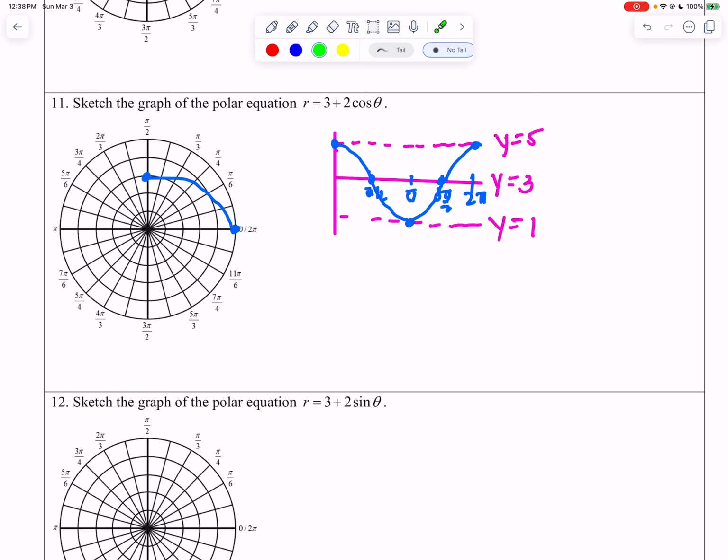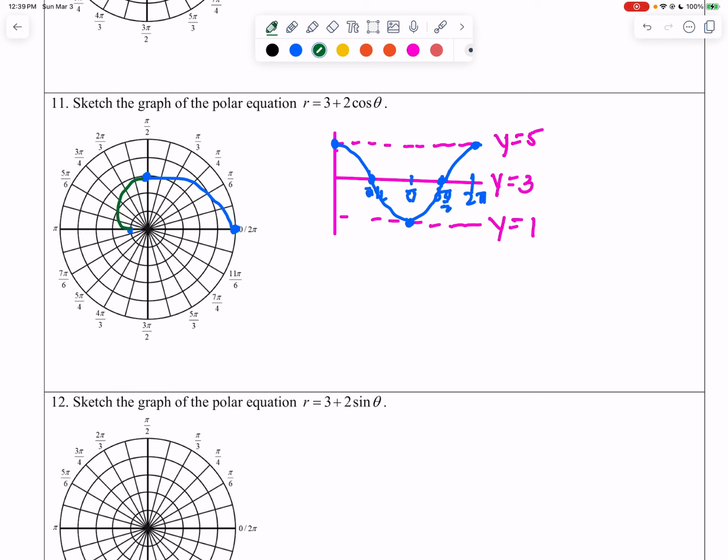Okay, then from pi over 2 to pi, at pi I'm at 1. We are still decreasing. So I am going to have something like that. From pi to 3 pi over 2, we are increasing until we get to 3.